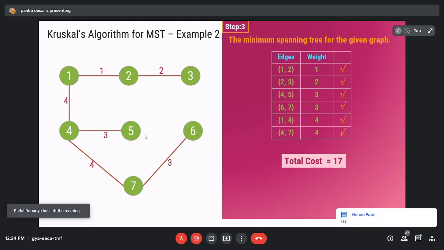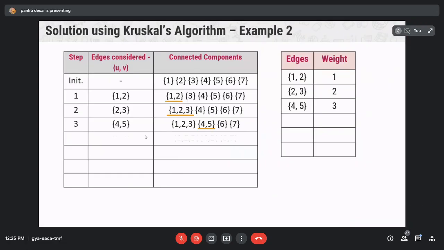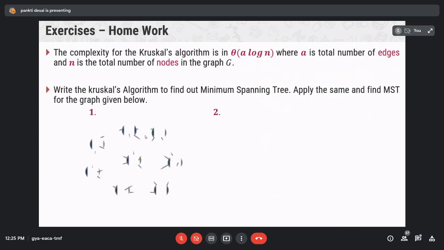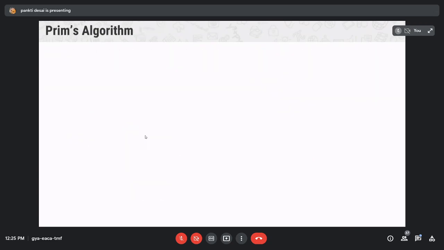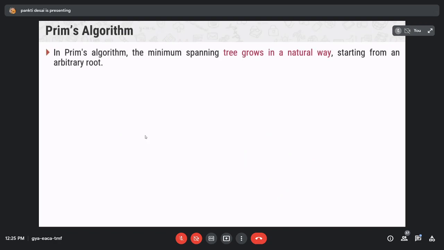Right? Now the next algorithm which is used to generate a minimum spanning tree is Prim's algorithm, right? Now what is the difference between Prim's algorithm and Kruskal's algorithm? In Kruskal's algorithm, in the procedure of obtaining a minimum spanning tree, it is not necessary to choose adjacent vertices of already selected vertices.